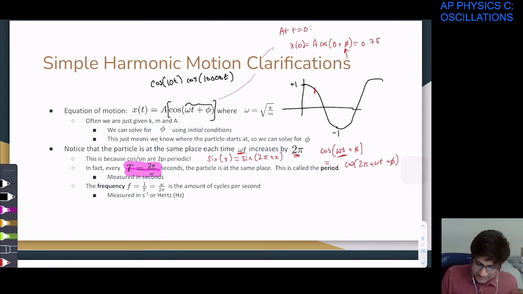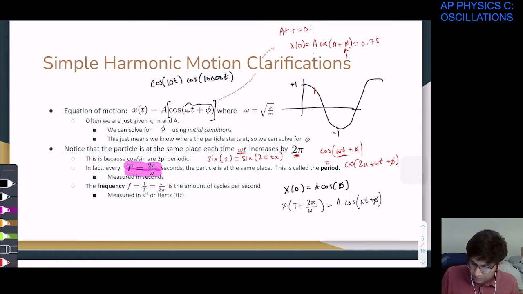And the way you can see this is, let's start off at 0. So we have x of 0 is equal to a times cosine of v, right? Because the omega t is omega times 0. And x of t equals 2 pi over omega is equal to a times cosine of omega t plus v, but we know that capital T, which is I guess lowercase t, is equal to 2 pi over omega.